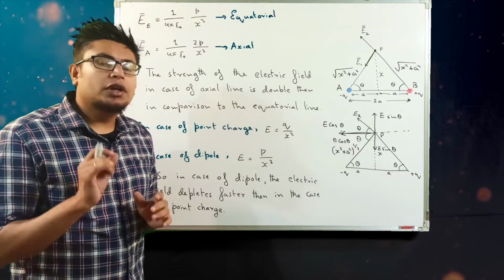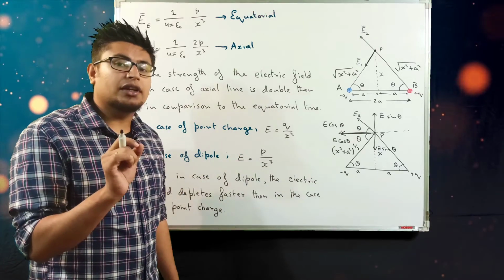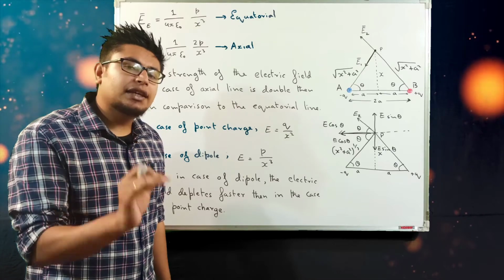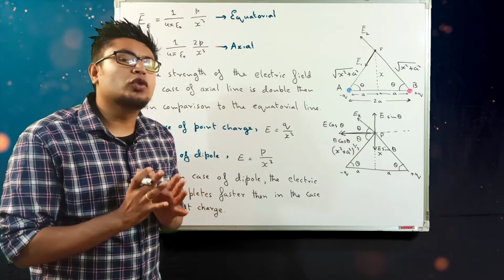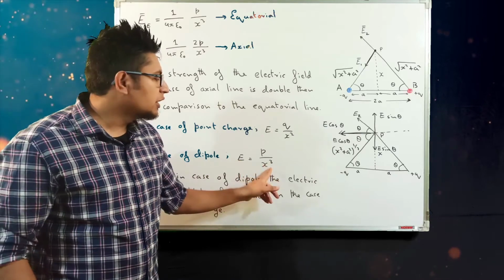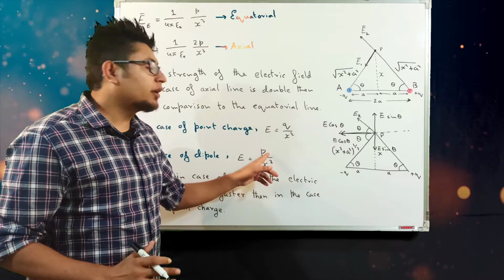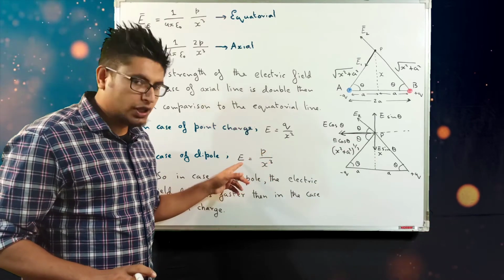Hence we can conclude that in the case of a point charge, the electric field is going to deplete a little lesser than in the case of dipole. In the case of dipole, the electric field is going to deplete faster because here the denominator is more. Denominator more means the numerator is effectively decreasing, and hence the electric field is going to decrease.